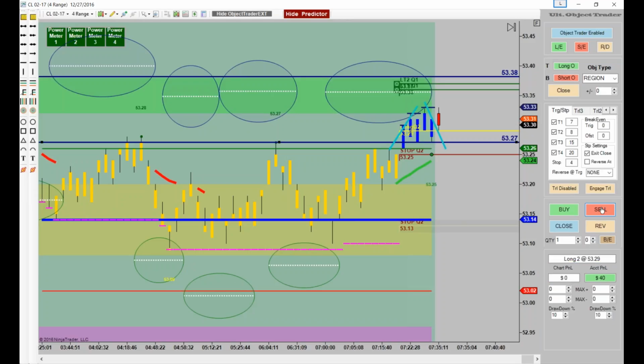Still in the profit though. We might get it. Kind of double topping so far, isn't it? But we don't know it's going to double top until it takes out our little lightning swing.